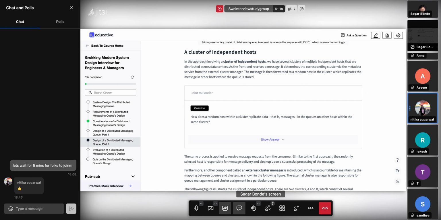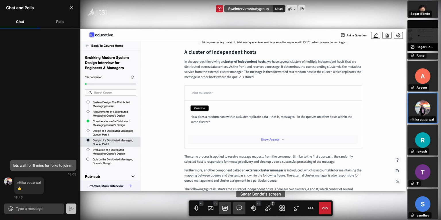So in the initial approach, the front end used to talk to the metadata service and try to determine the corresponding cluster with the help of the internal cluster manager. But instead of that, here there is an external cluster manager, and then the message is forwarded to a random host in the cluster, which replicates the message in other hosts where the queue is stored.